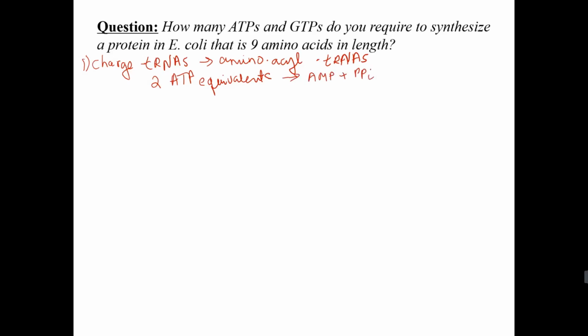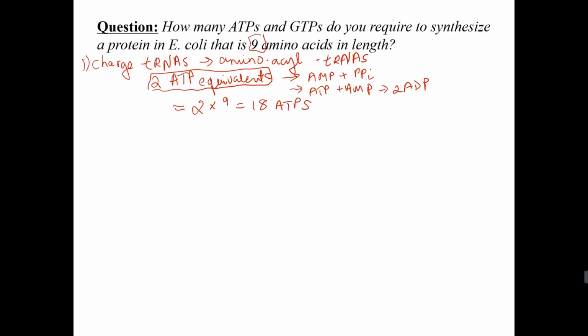Remember, we get AMP plus PPi. Take another ATP plus that AMP to make 2 ADP for the ATP synthase. Okay, so for each tRNA, we need 2 ATP equivalents. So if we're making a polypeptide that's 9 amino acids in length, we have 2 times 9, which gives us 18 ATPs to make a 9 amino acid protein. Again, the 9 is coming from 9 amino acids.